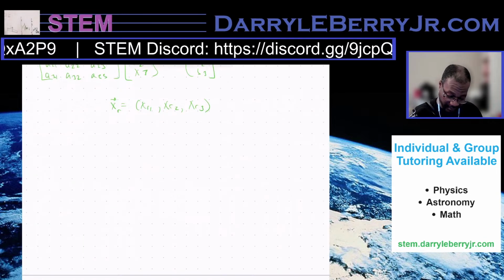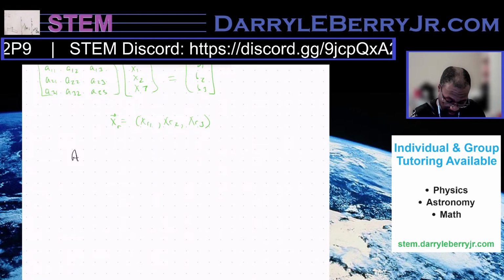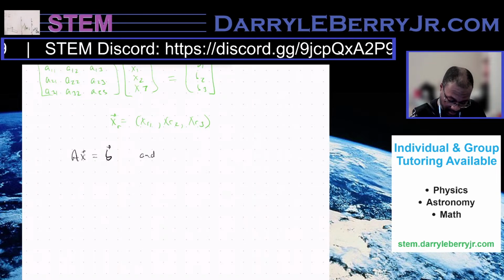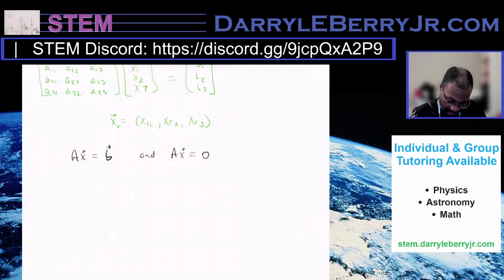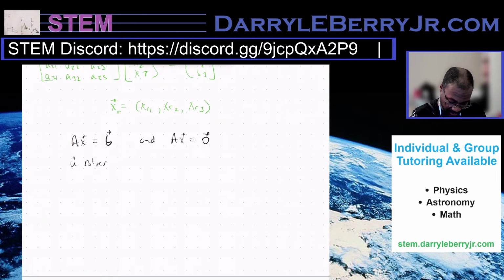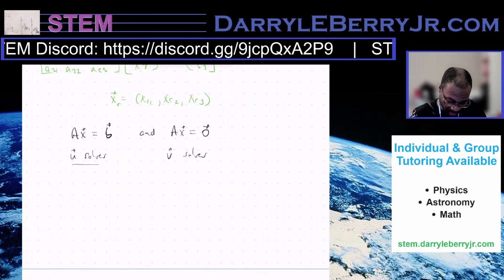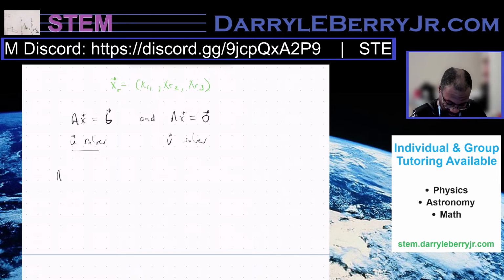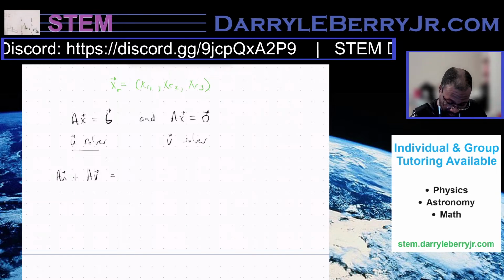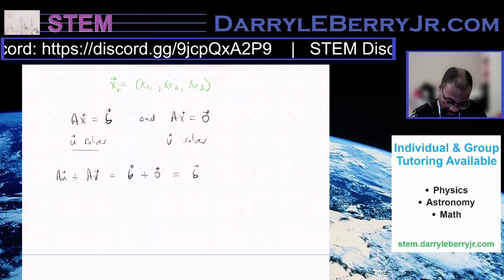So we know from our earlier videos that if we have Ax equals b and Ax equals 0, and we say that u solves this and v solves this, then if we add these together, Au plus Av equals b plus 0, so that equals b.